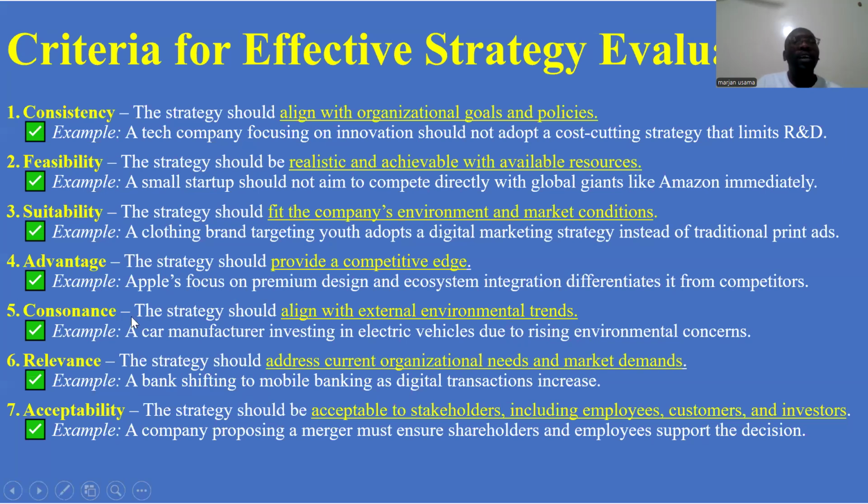Number five, consonance. The strategy should align with external environmental trends. If there is a change in the external environment, you also change. Do you know what happened to Nokia company? Why did Nokia company fail? Because their strategy was not consonant.